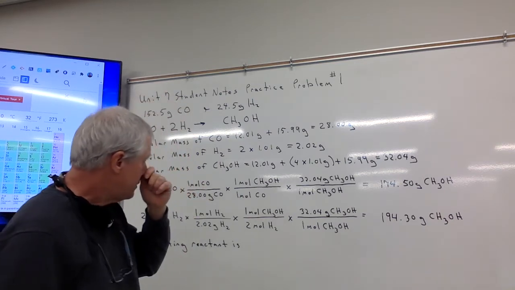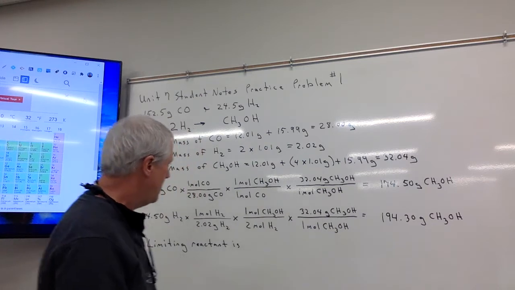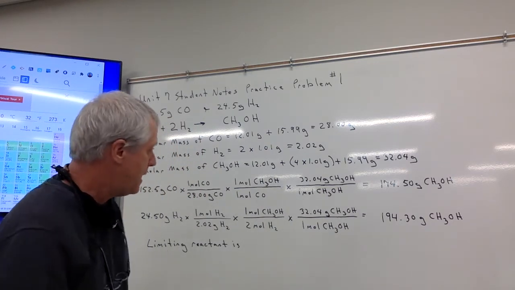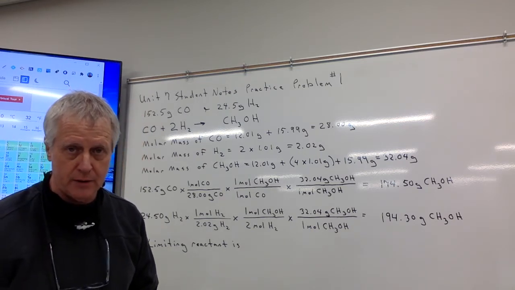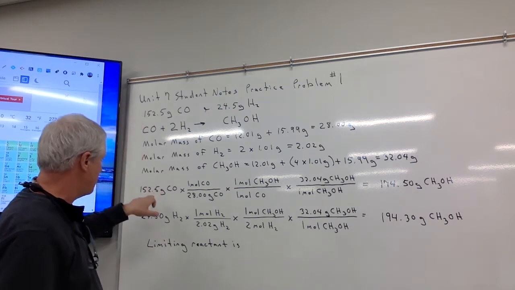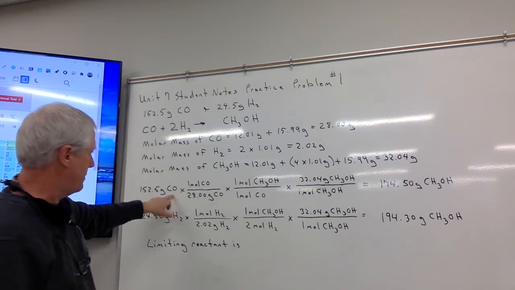Okay, so you can see that we have the molar mass values ready to go, and now we get to solve 2 mass problems, because we want to know which one of these reactants is the limiting reactant. All right, and so to do that, we start with the value of carbon monoxide, 152.5 grams of carbon monoxide.